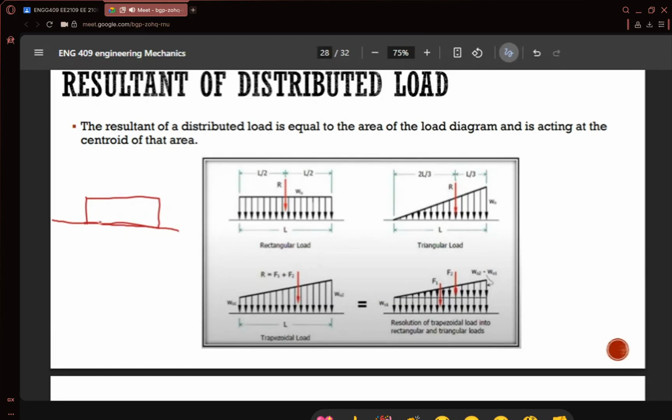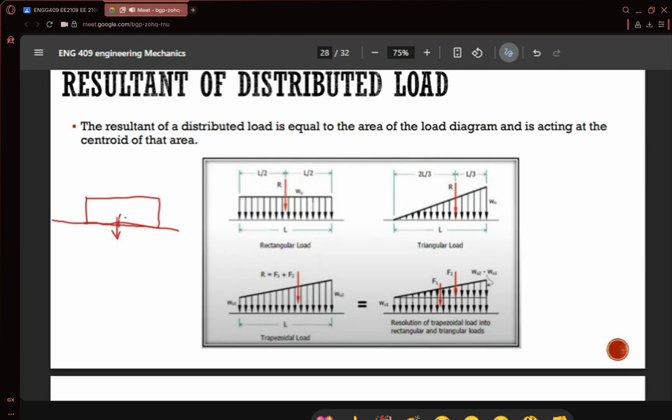Or for example, this is a big block of cement or a building. Okay, a flat building. So the load of the building, or the weight of the building, is what? It's not technically concentrated on one point only. So it is distributed. But if we want to represent it for computational purposes, we have to determine the resultant of those parallel forces on the distributed load and the position.